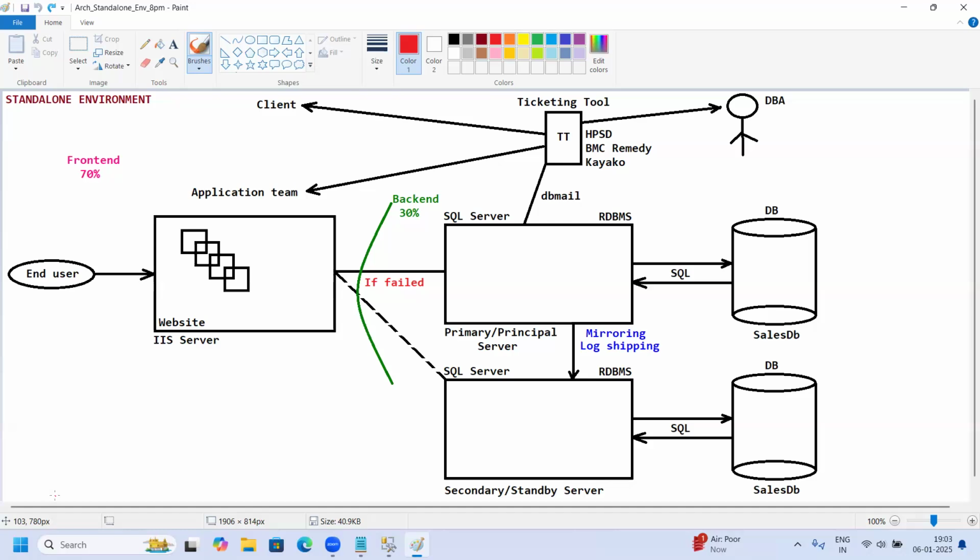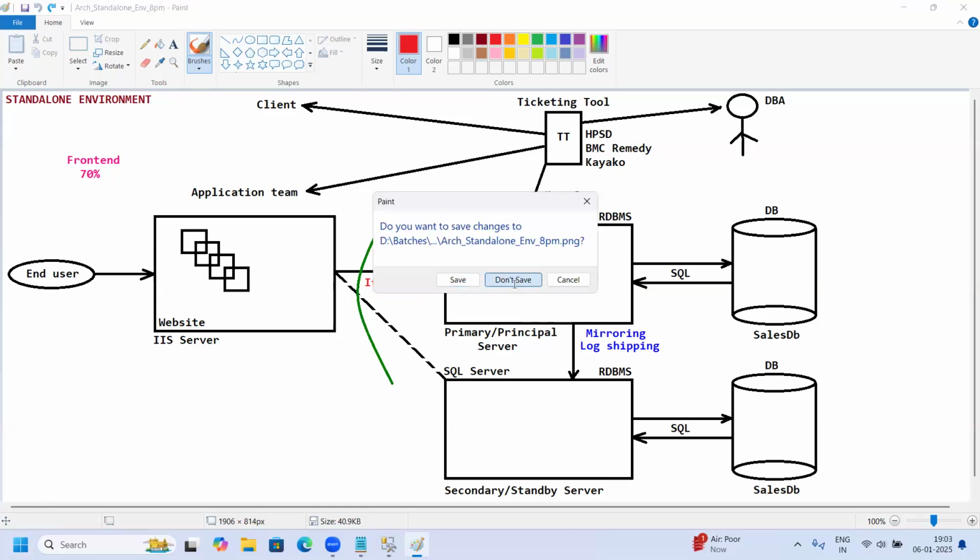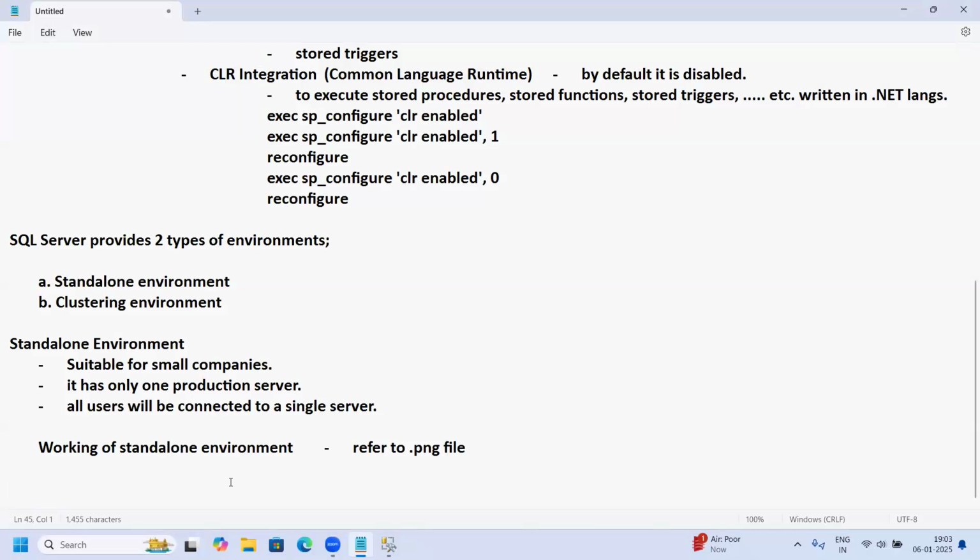When you want to go with multiple standby servers, then better you move to a clustering environment. That would be best for a clustering environment. When I say standalone, you'll have only one primary and only one standby. For a clustering environment, things are different.